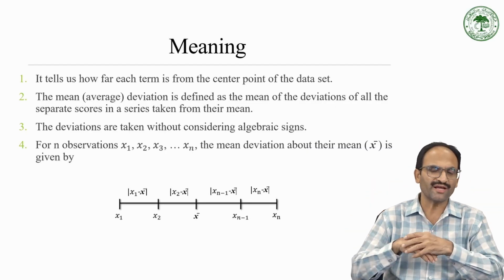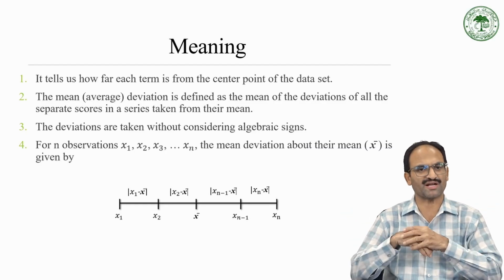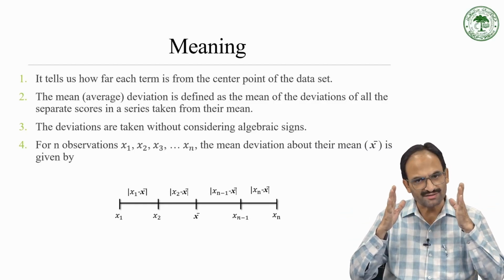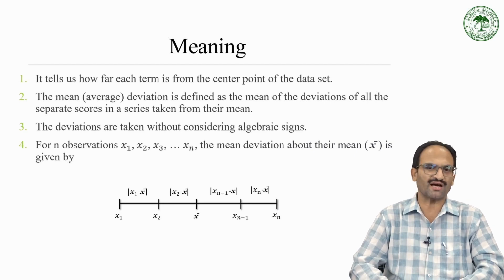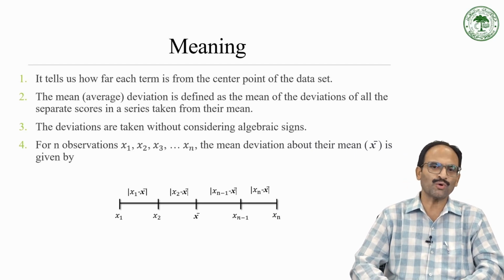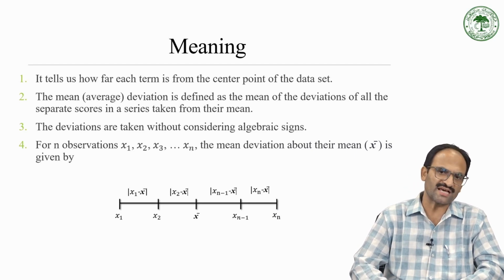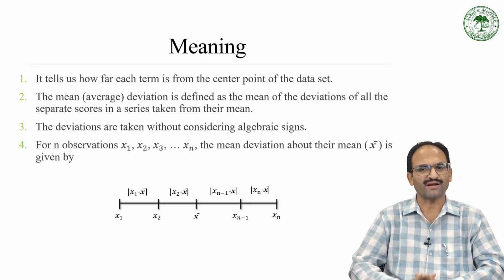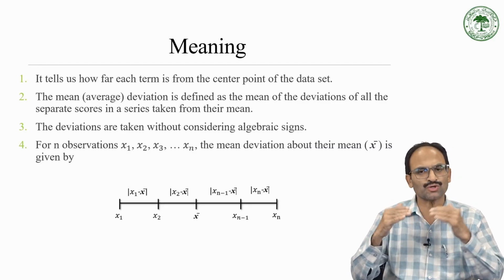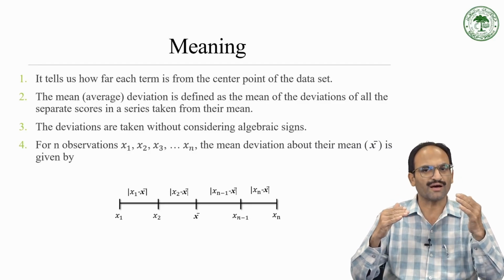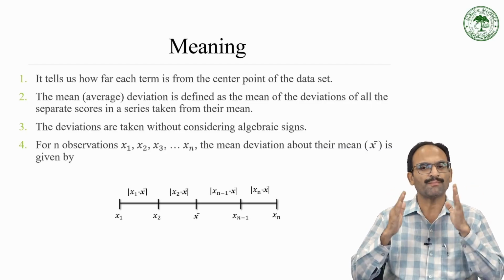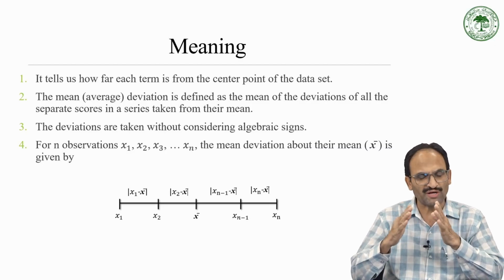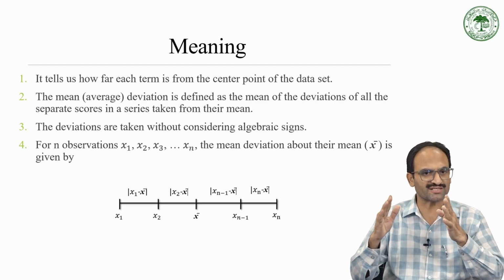That is how we get the mean deviation. One very important thing in calculating it is that we don't take the sign, plus or minus. Every term that comes out after subtracting the mean, we take only the modulus value, the absolute value, and we don't take signs.